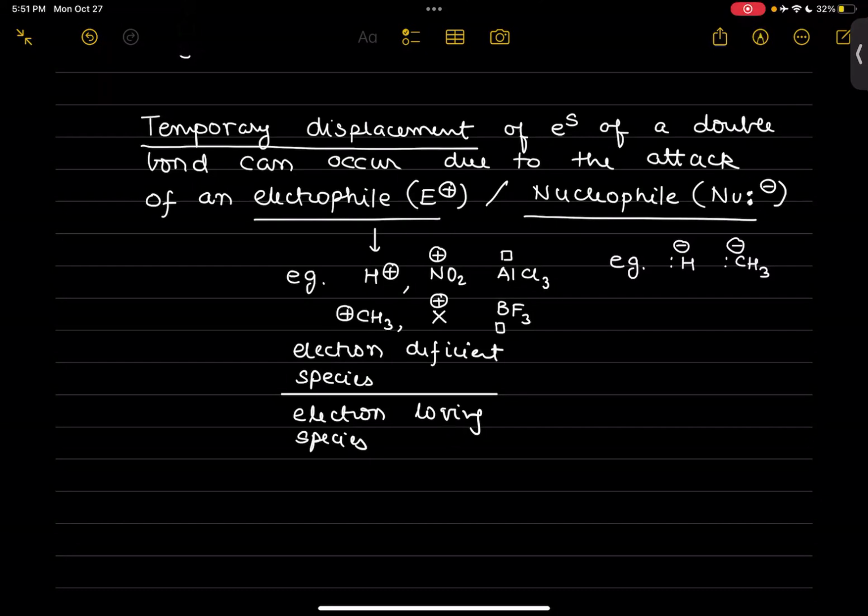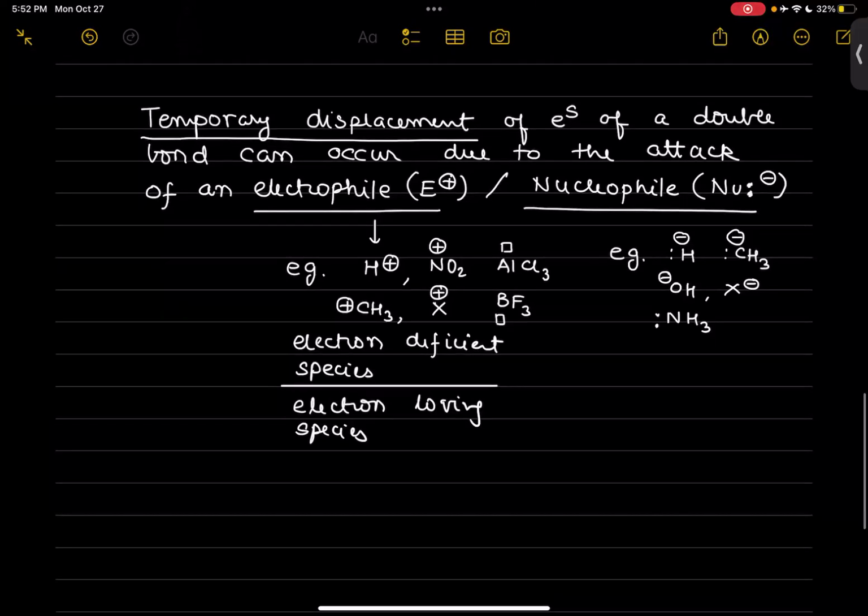Also OH minus, X minus. Some can be neutral also, which carry a lone pair which they can share with other groups. Is it clear? So, electrophiles and nucleophiles.